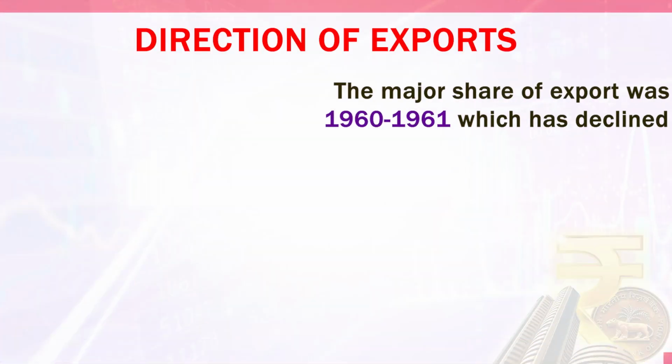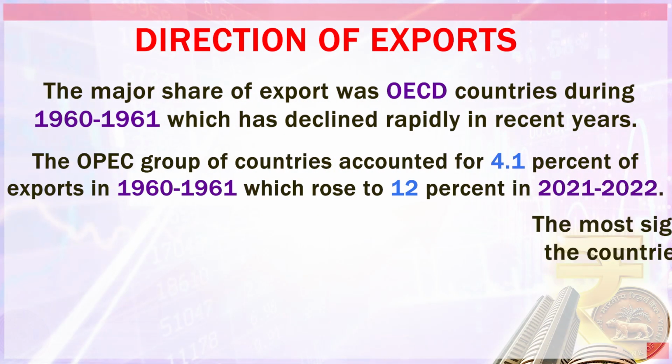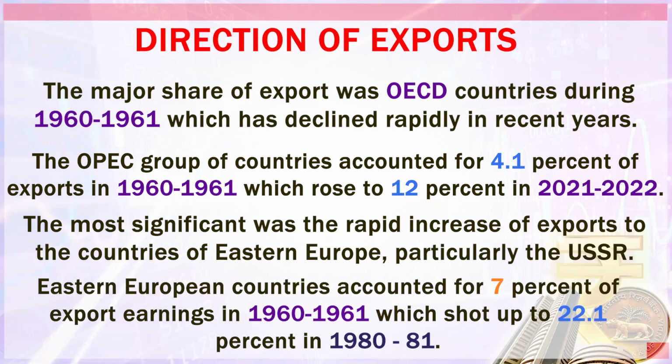That means I will group the countries into OECD, OPEC, Eastern European countries, developing countries, and other countries. Over the years, India's export to the OECD countries has also decreased, like the imports.